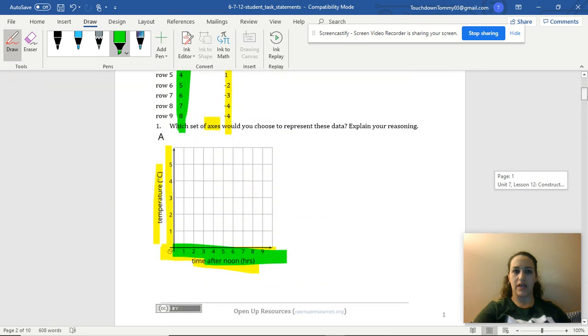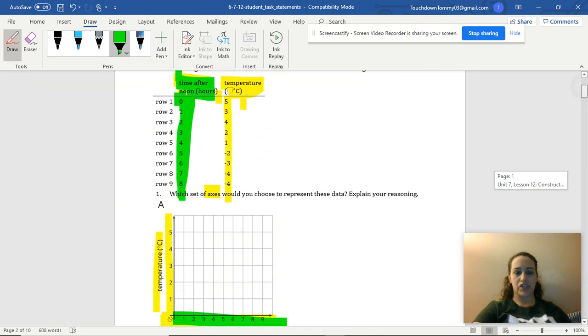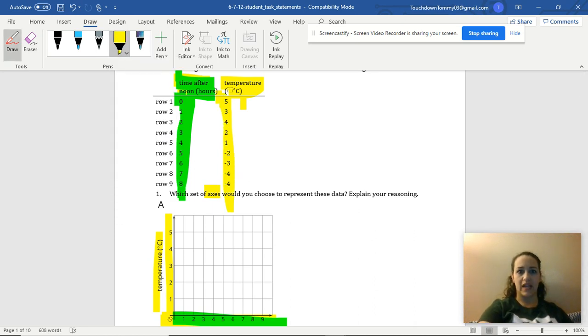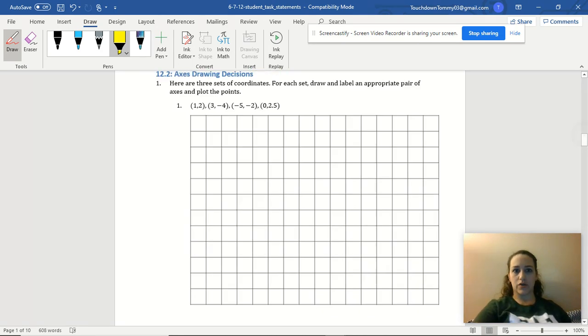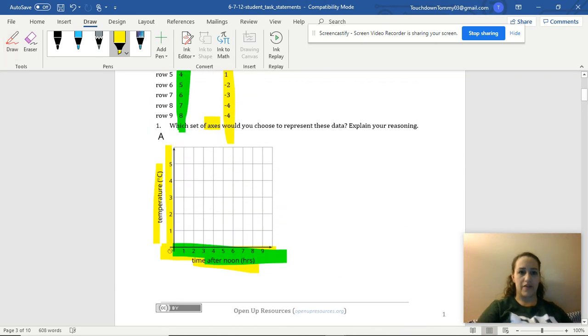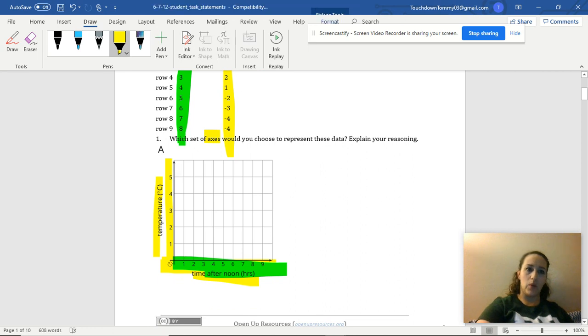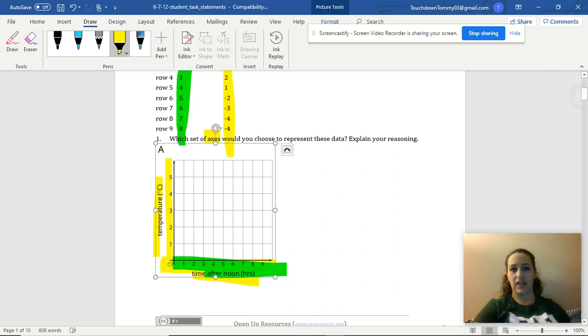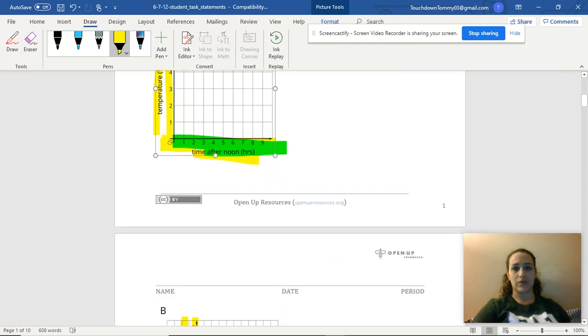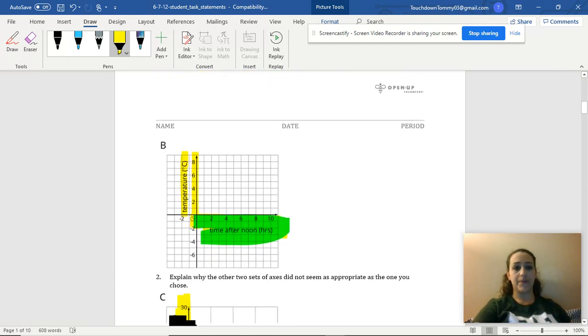So temperature, we've got a high of +5 and a low of -4. All right, so first graph that we have as an option, graph A, I see 5. However, we don't have any negative temperatures available, and we've got temperatures in the data that dip below 0. So A is not looking good.